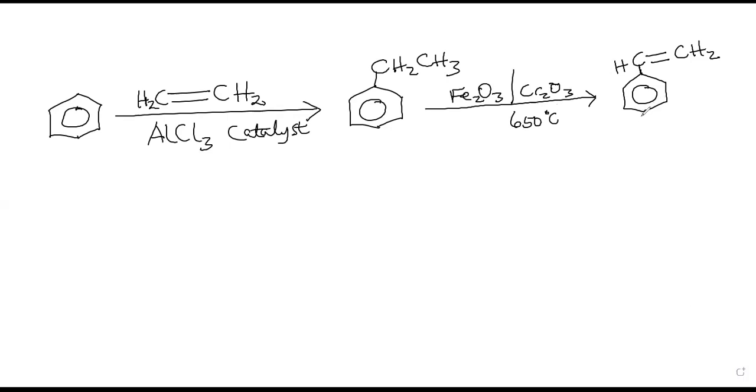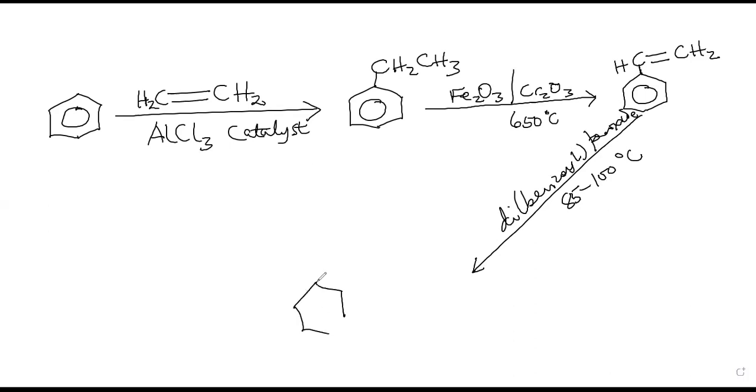Then after forming phenylethene, you add your dibenzoyl peroxide at a specified temperature of 85 to 100 degrees Celsius, and this will give you polystyrene. As simple as this.